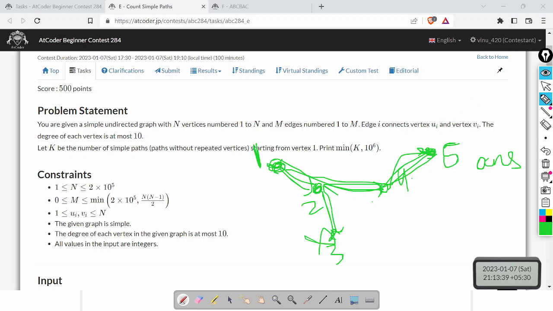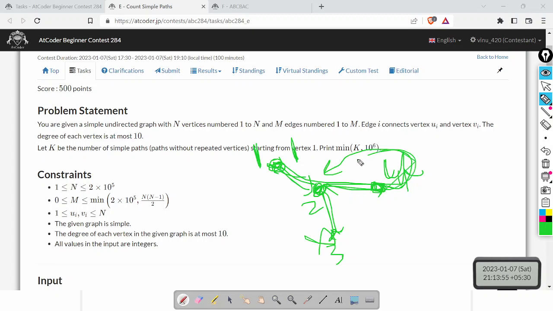For this we have to know which nodes are visited. If we are going from 1 and are at an intermediate node u, then along the path from 1 to u we have visited multiple nodes, and we cannot go back to them again. So we mark them visited. Now we go from u to one of its neighbors which is not yet visited, and from there onwards we continue.